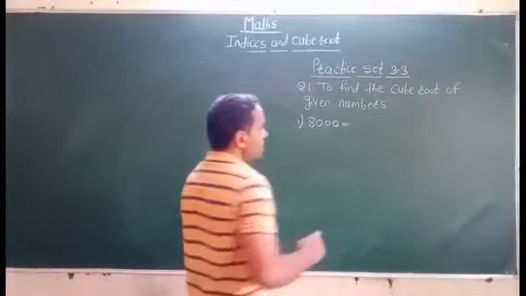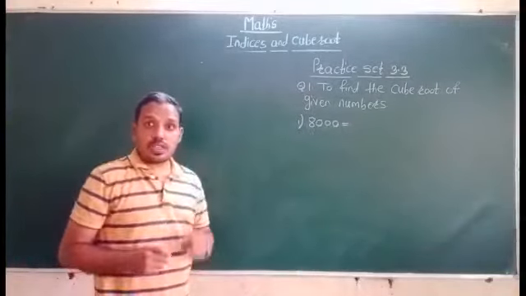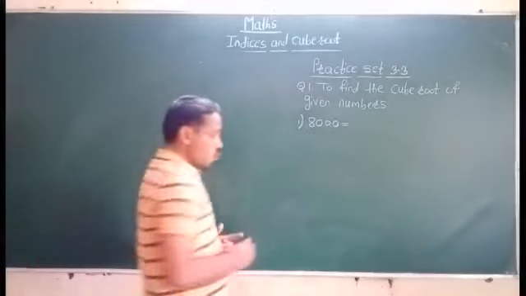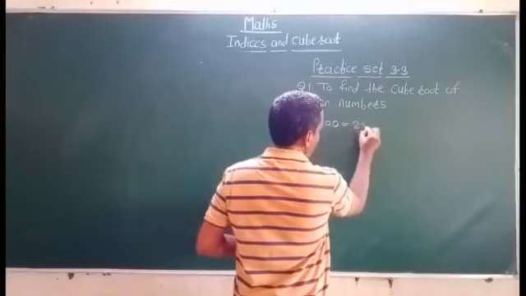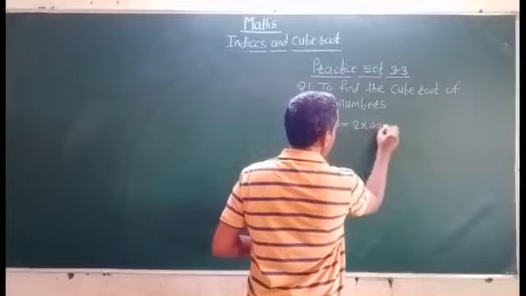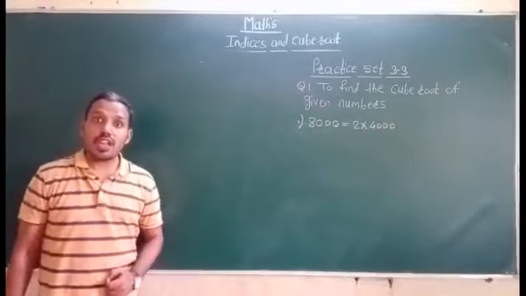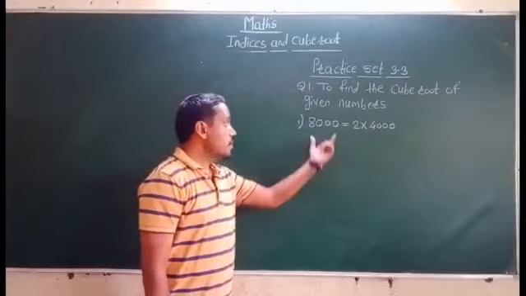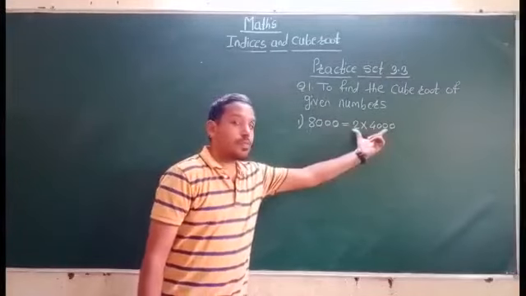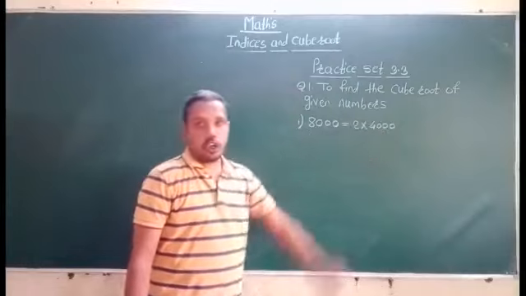In the prime factor method, 8,000 is first divided by 2. We get 4,000, and we split 8,000 into the product form of 4,000 and 2.